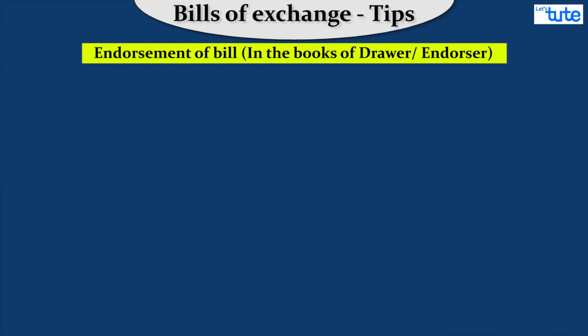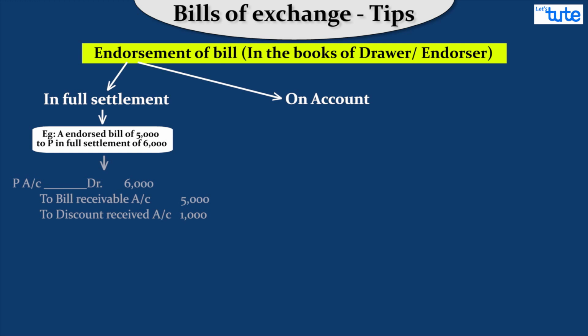Sometimes it is given that the bill is endorsed in full settlement, or it is given for part amount on account. Say for example, A endorsed the bill of 5,000 to P in full settlement of 6,000. In that case, remaining 1,000 would be discount received by the drawer, that is endorser.